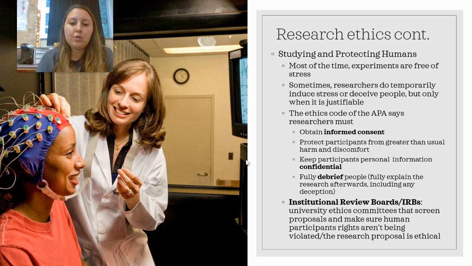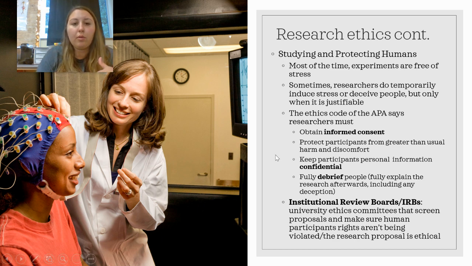Now, institutional review boards are those ethics committees that I was speaking about earlier that are usually conducted at universities, and they're made up of people of all different backgrounds, and they screen proposals and make sure human participants' rights aren't being violated, and that the research proposal is ethical.